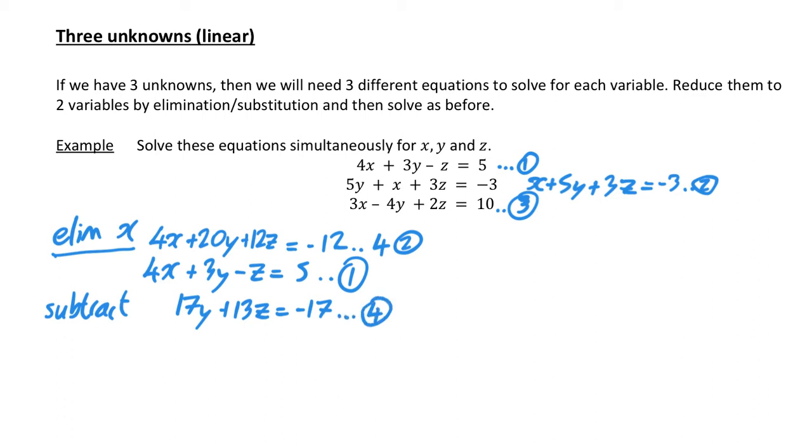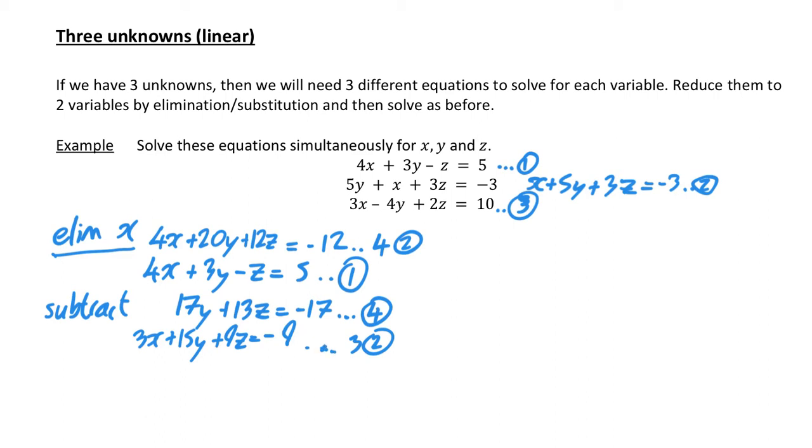Our equation 4 contains just y's and z's. So we want to find another equation, which we're going to call equation 5, that has y's and z's as well. So I'm going to eliminate my x's from equations 2 and 3. I'm going to multiply my equation 2 by 3, which would give me 3x plus 15y plus 9z is equal to minus 9.